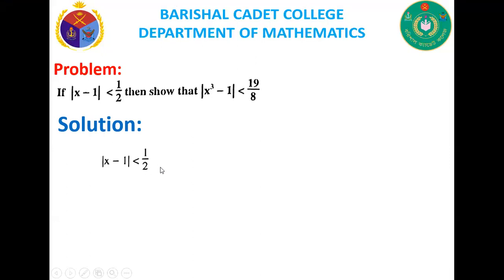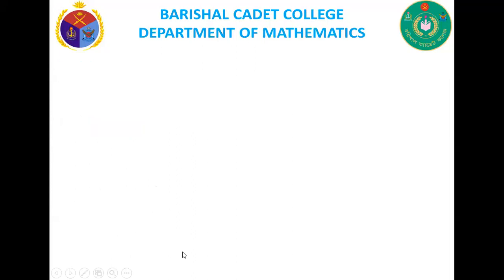Applying the absolute value property, we can write minus half less than x minus 1 less than half. Then adding 1 on each side of this inequality, we get minus half plus 1 less than x less than half plus 1. Calculating this, we get half less than x less than 3 by 2.